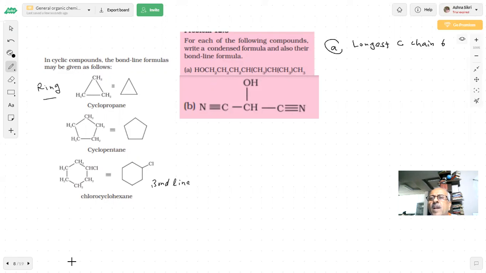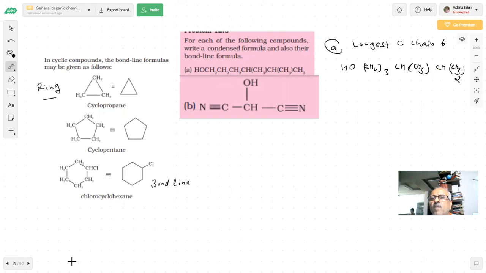If I represent the condensed form, this is my OH. How many CH2? 3 times. Then you have CH3 bracket. After this you have CH3, another CH3, so CH3 twice.